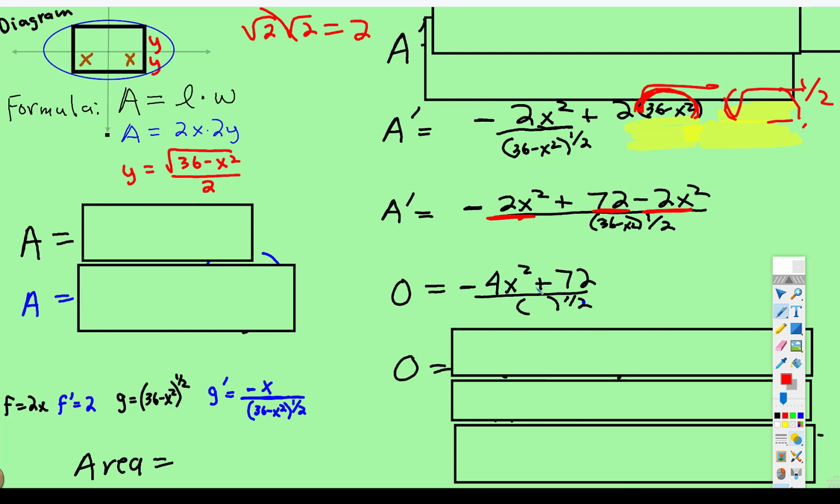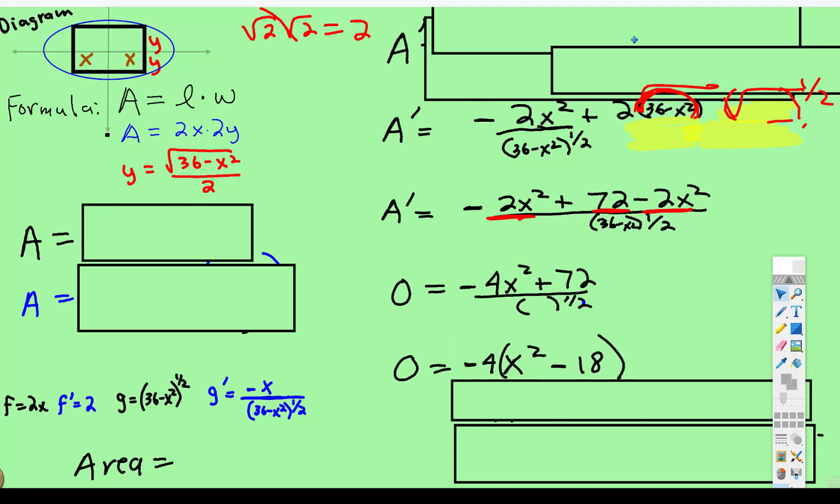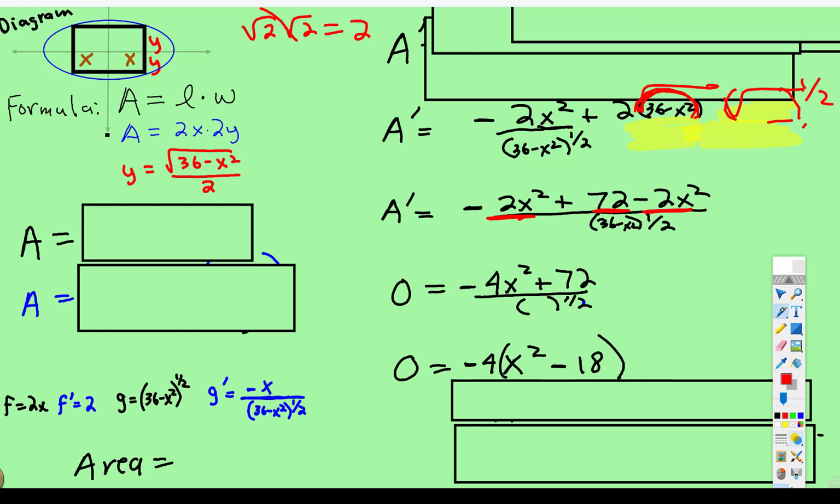Now notice these both have a 4 in common, but I'm going to factor out a negative 4. And notice I've set it equal to 0.